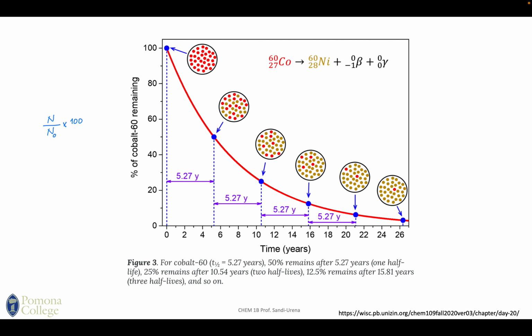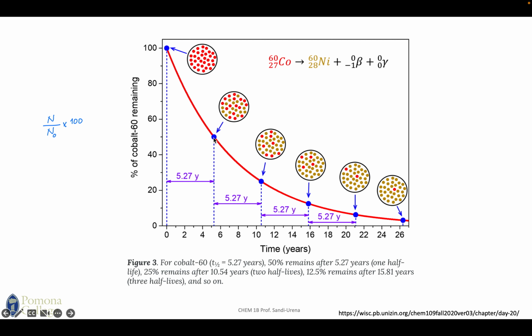Obviously, we have 50% of the material reacted too, and that corresponds to a time of 5.27 years. If we come back 5.27 years later, we realize that we have 25% of the material left unreacted.